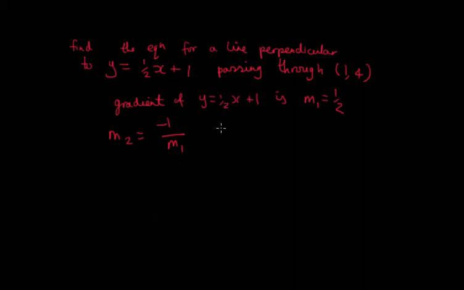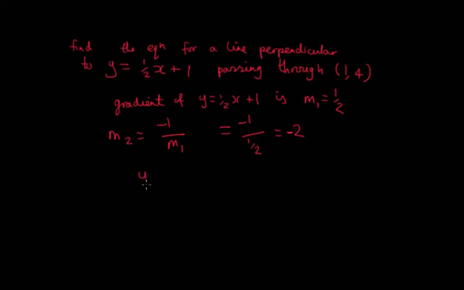So that means this must be -1 over 1/2, which is, if you take the reciprocal of that, you end up with 2. Minus 2, sorry, because we've got the minus. So the gradient of our line must be minus 2.